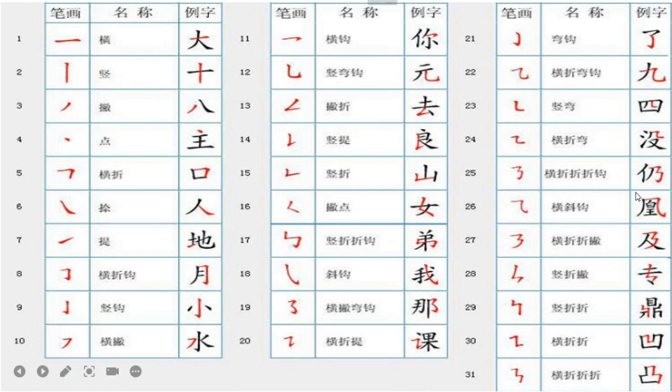Also, 也. 横斜钩, 黄. 横折折撇, 急. 竖折撇, 专, 专心. 你做什么事情都非常专心.